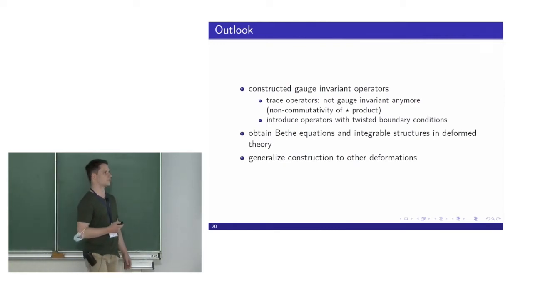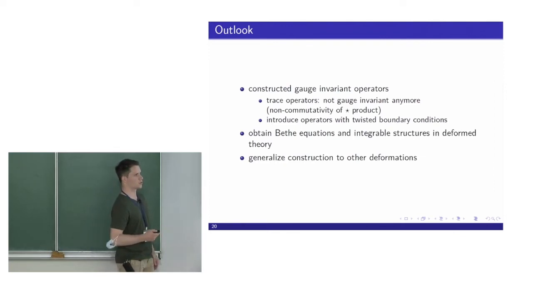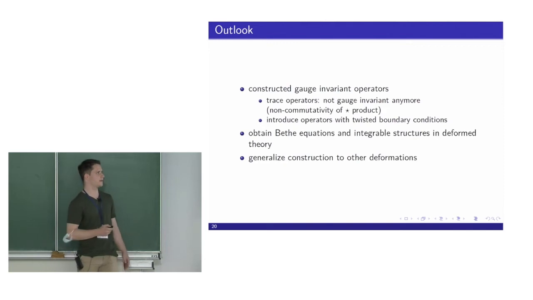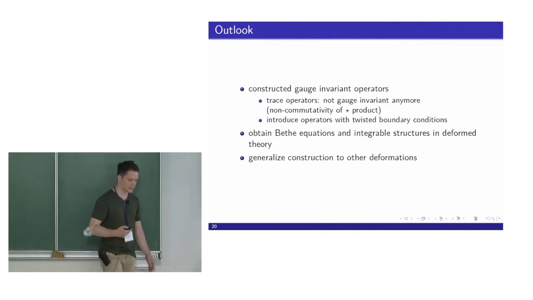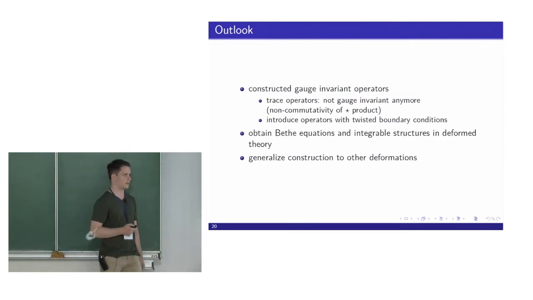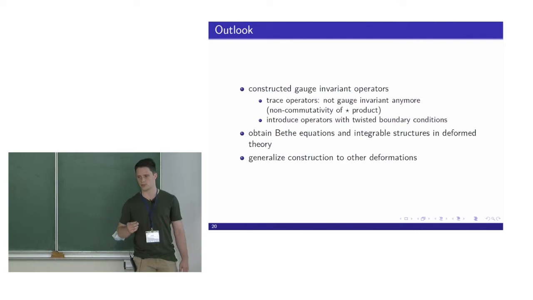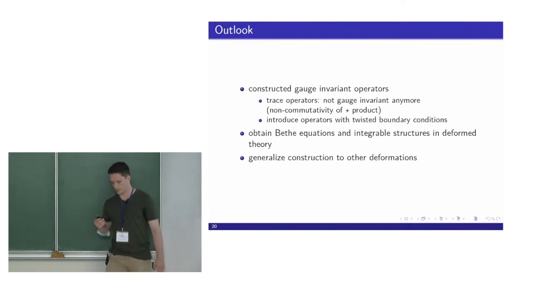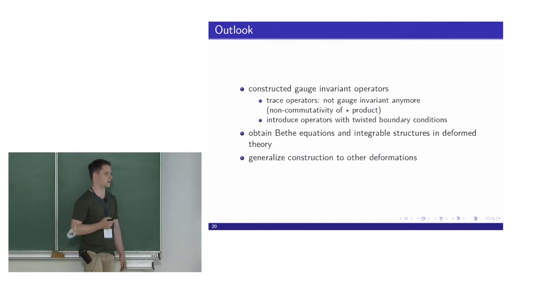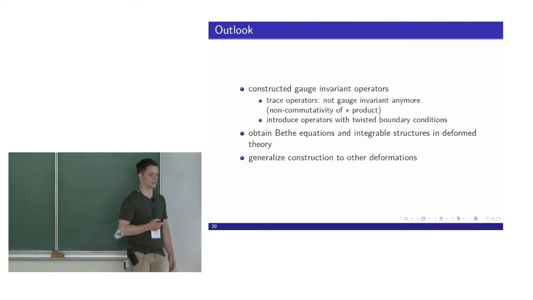Instead, we need to introduce operators with twisted boundary conditions that are actually gauge invariant here. Of these, we would like to compute the anomalous dimension, at least at one loop, and we would like to obtain the spin chain structure, like a nearest neighbor Hamiltonian and the Bethe equation and Bethe ansatz in a twisted way.